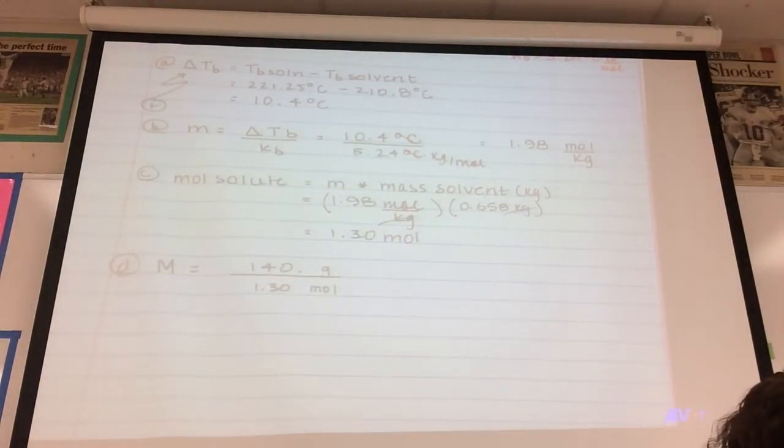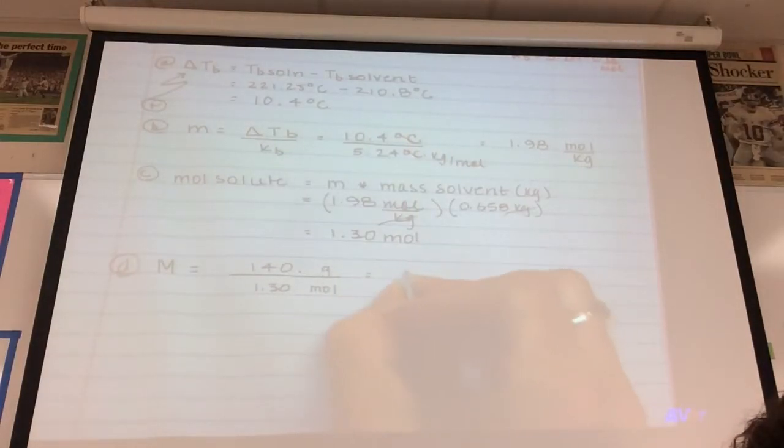So I have 140 divided by 1.3, and that is equal to 108 grams per mole.